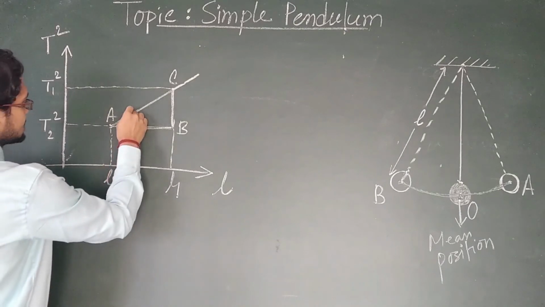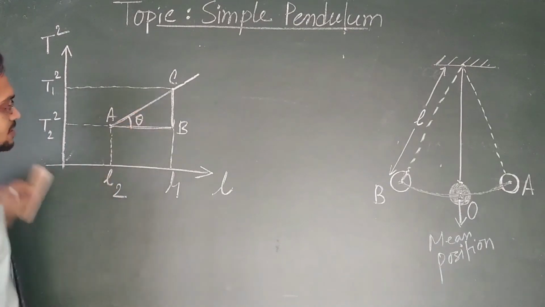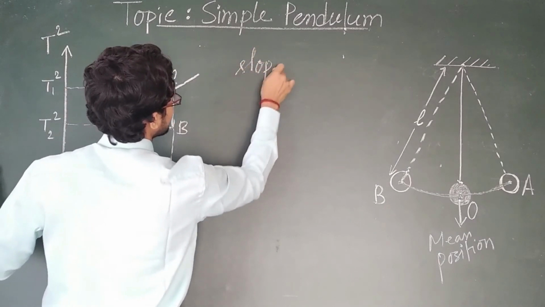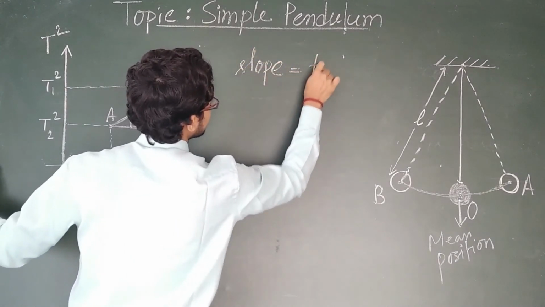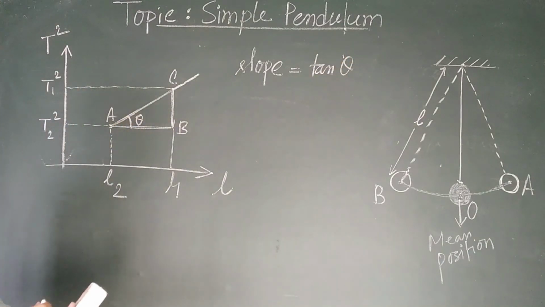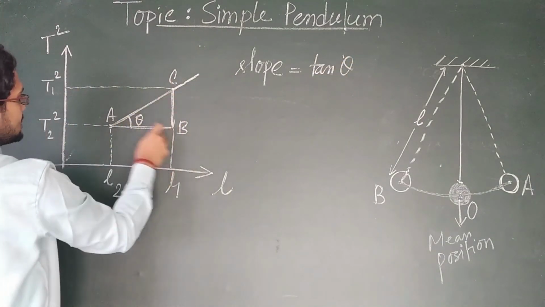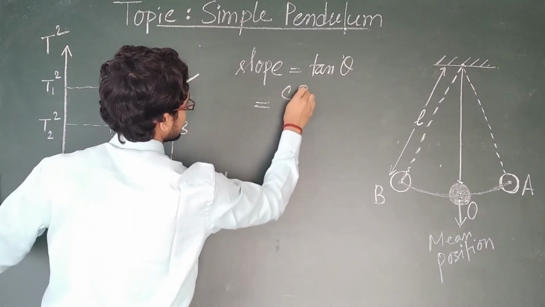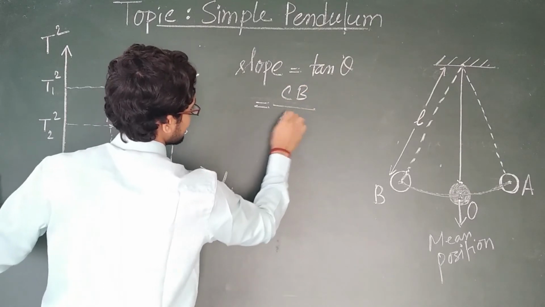This is theta. So what is slope? Slope equals tan theta. Tan theta means height by base, so tan theta means CB by AB.